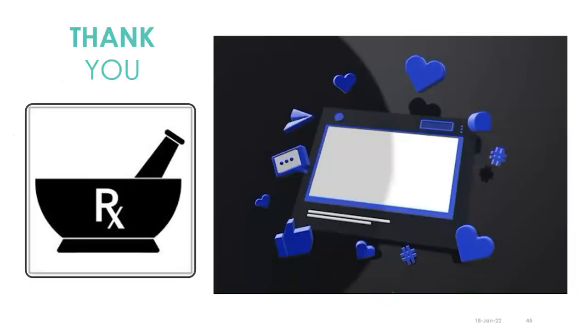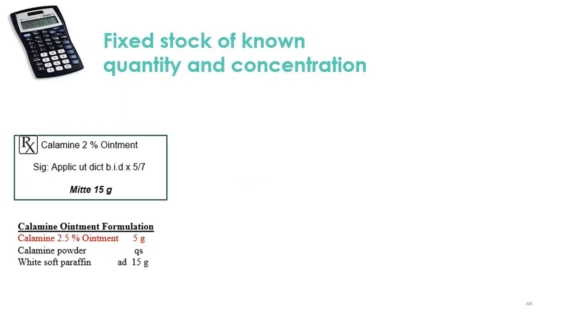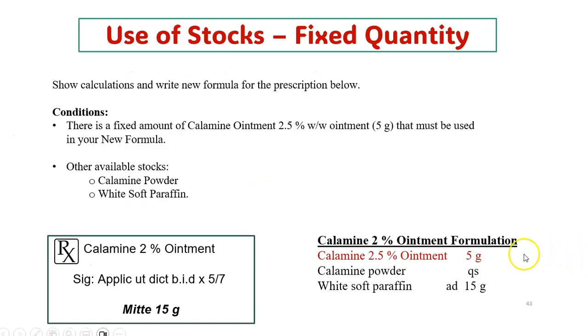And that takes us to the end of the video on using a fixed amount of stock to make your ointment, appreciating that a stock ointment has its own identity, carries its own concentration, and is carrying along with it some of the ingredient.